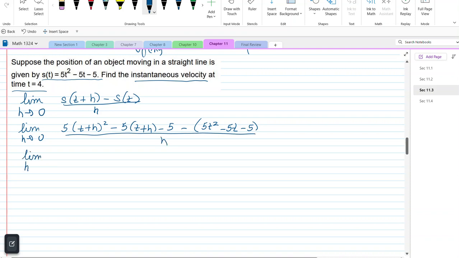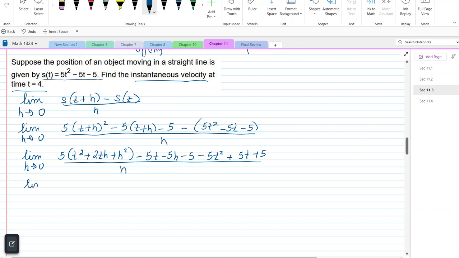The limit as h approaches 0 is going to be 5 times t squared plus 2th plus h squared, minus 5t minus 5h minus 5, minus 5t squared plus 5t plus 5, all divided by that h.